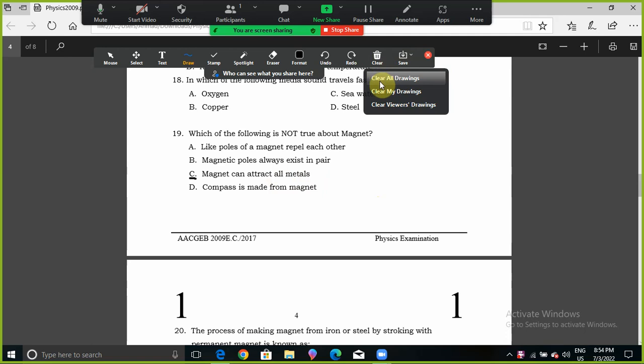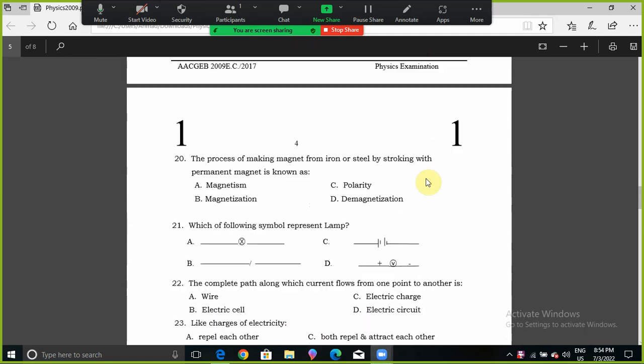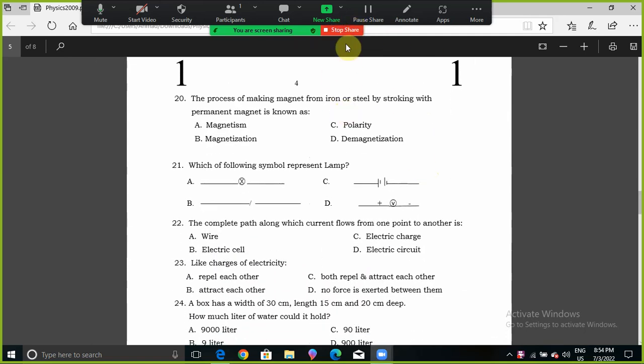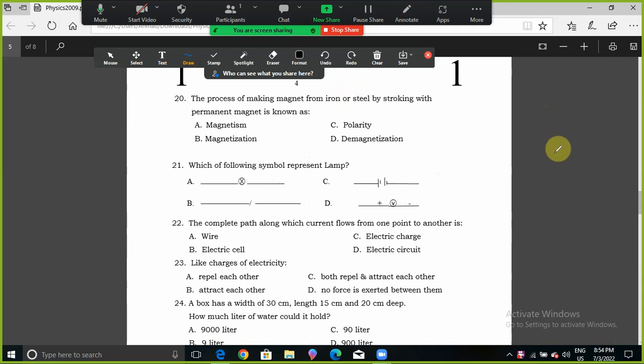Now in question number 20, it says the process of making magnet from iron or steel by striking with permanent magnet is known as what? Is it magnetism, magnetization, polarity, or demagnetization?